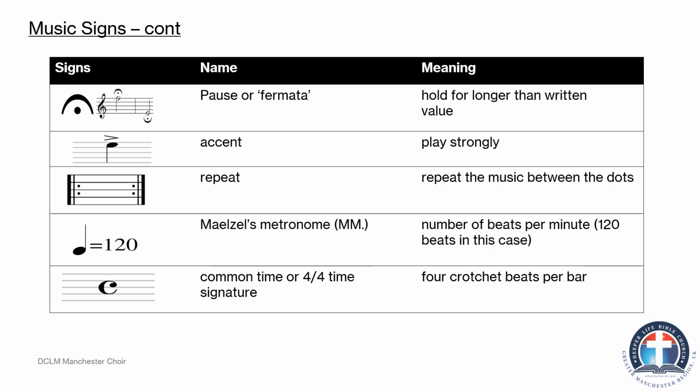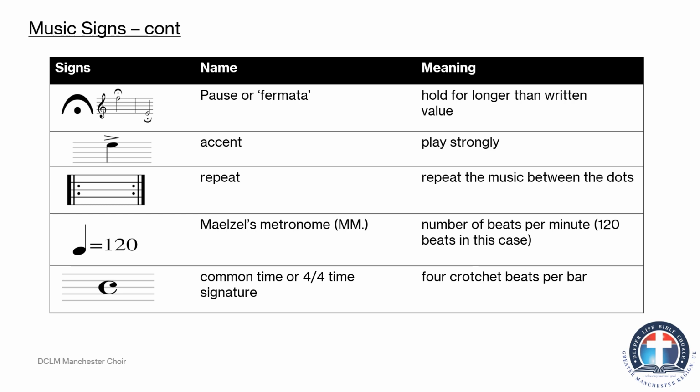That means pause. It's called fermata. It means pause. What does it mean? It means sustain the note, hold the note for longer than its rating value. You've done notes and values. For the example we have here, this is a minim note, and let's say it's in 4/4 time, and you are to hold this for 2 beats. Normally, if the fermata is not there, you have to hold that note for 2 beats.